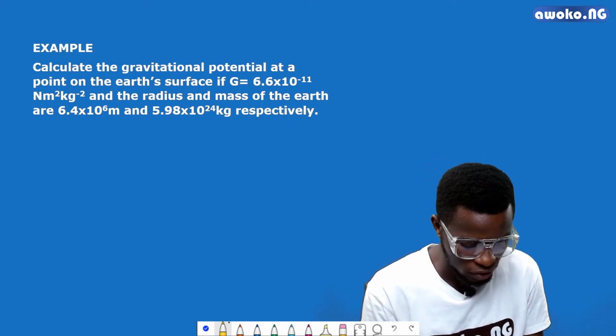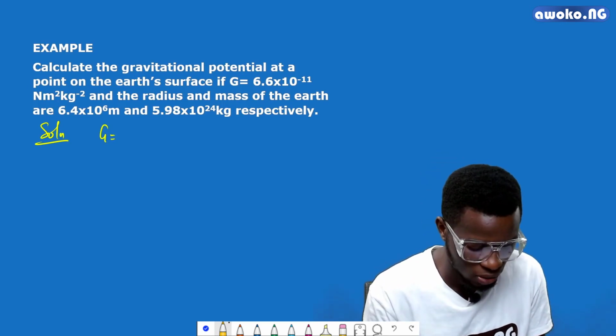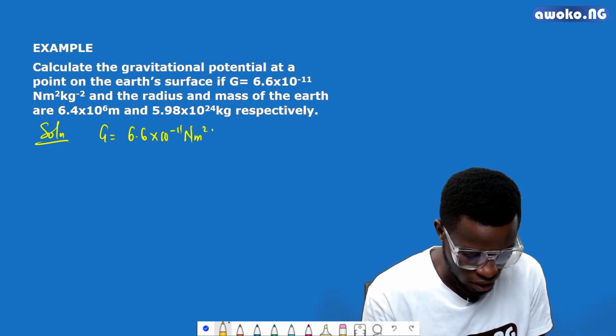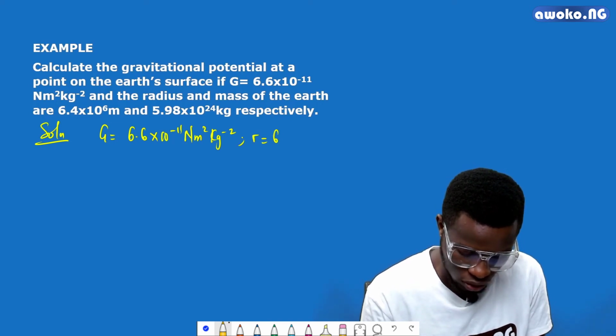How do we go about this? The first thing is to state your given parameters. G = 6.6 times 10 to the power minus 11 newton meter squared kg to the power minus 2, and R = 6.4 times 10 to the power 6 meters.